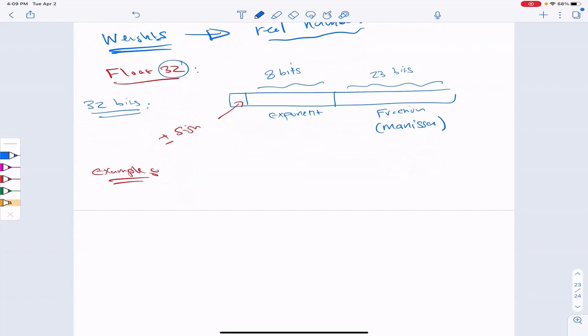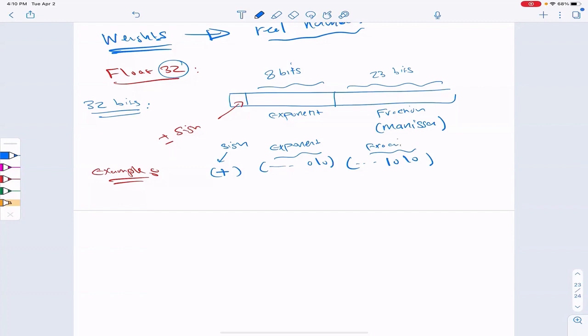Okay, so let's assume you have a positive sign. That's for the sign part. For the exponent part, you have all zeros, and then you have 1, 0. This is the exponent part. And for the fraction part, you have all zeros, and at the end you have 1, 0, 1, 0. This is the fraction part. So one convention, now that you have strings of bits, you want to basically see what real number it represents. So one convention is as follows.